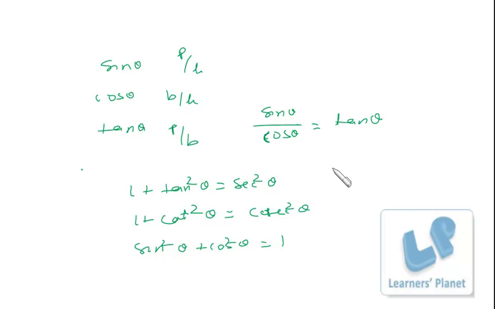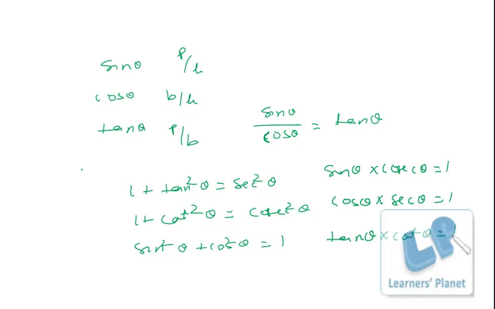And sin theta into cosec theta is equal to 1, cos theta into sec theta is equal to 1, and tan theta into cot theta is also 1. So these are the basic relations that you must know.